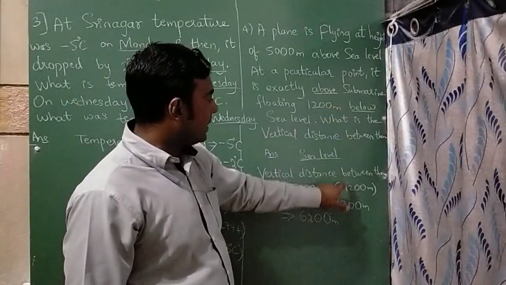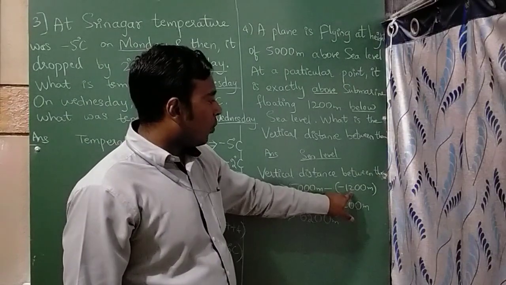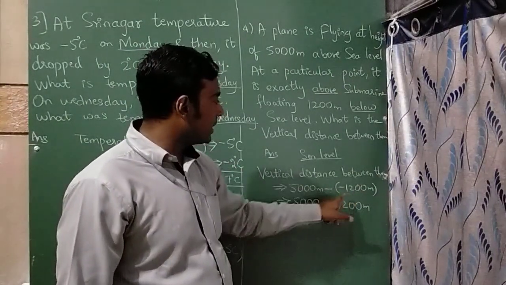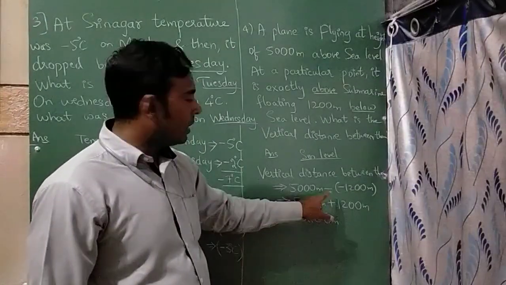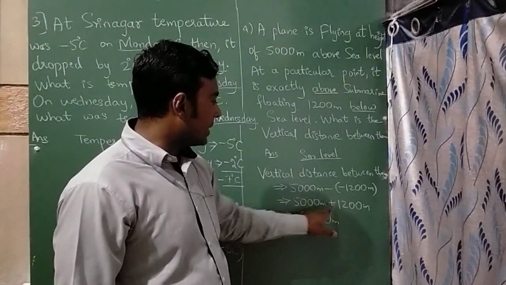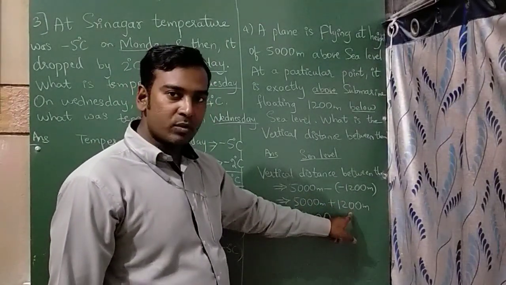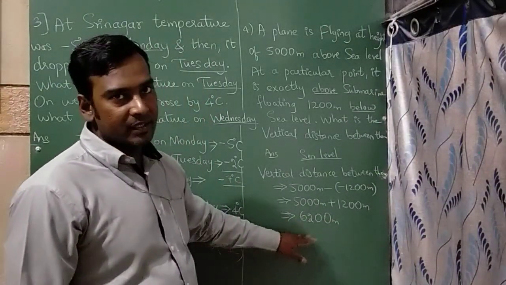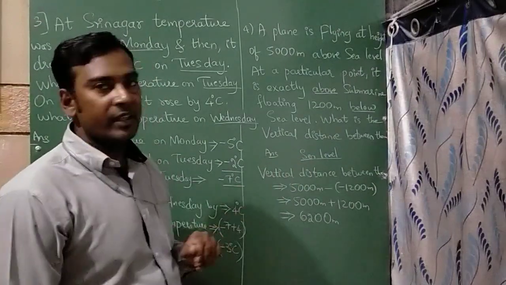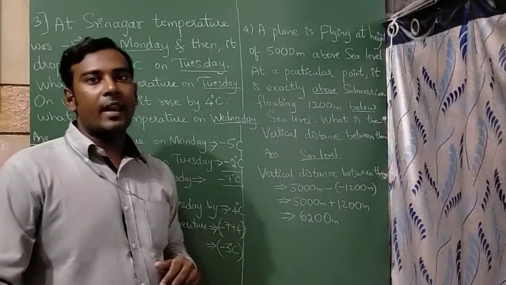And below means it is minus 1,200 meters. So since we are finding the distance between, so it is negative sign. So minus into minus will become plus. 5,000 plus 1,200 will become 6,200 meters. The vertical distance between them. So let's move on to the next question.